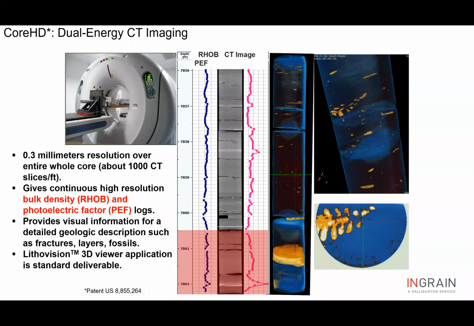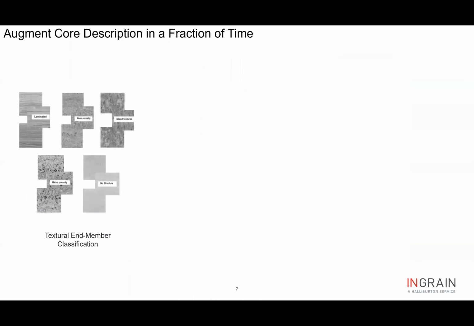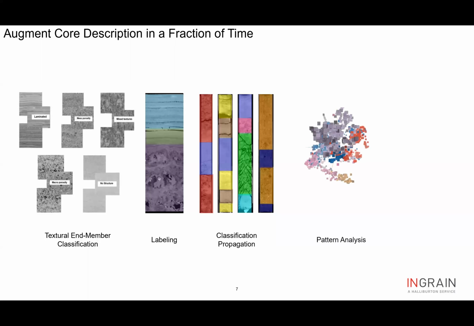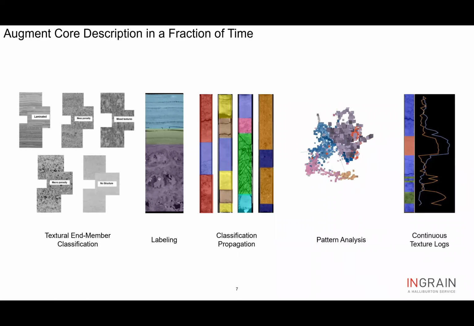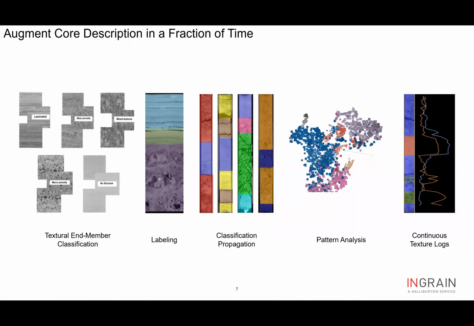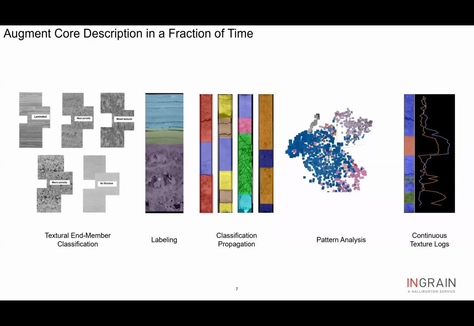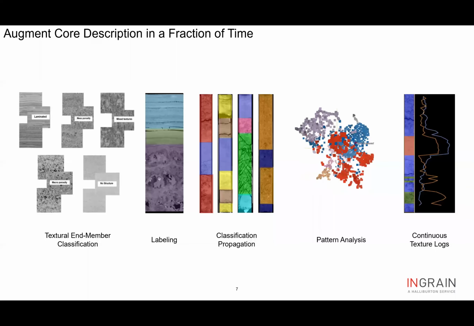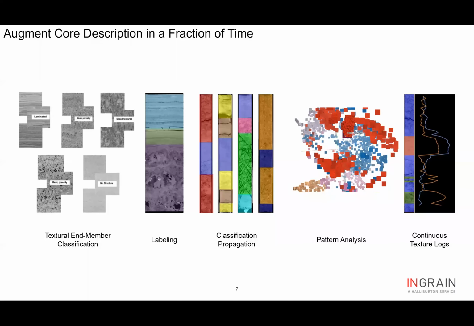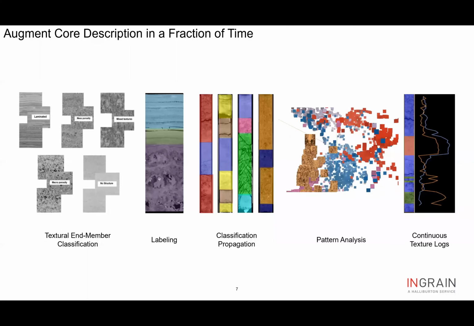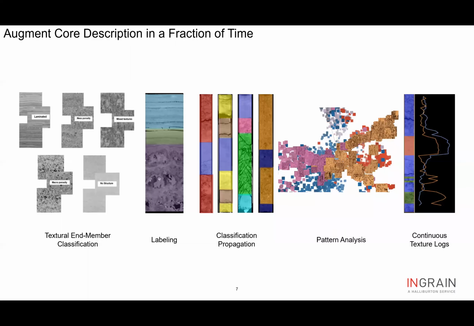So we get these two at a very high resolution, and at the same time we are also using our gamma ray measurement at a very high resolution over the core. The gamma ray is not only the total gamma ray, it is a spectral gamma ray, so it's basically potassium, uranium, and thorium. Now you have a full suite of parameters, not only the density and the PE, but also the gamma rays, including potassium, uranium, and thorium. So you can now define the rock in a much better way.